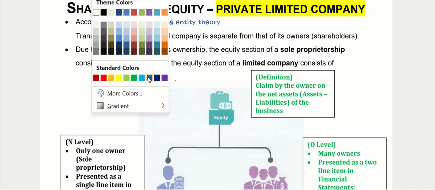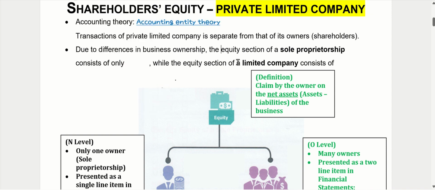Same as the sole proprietorship, the accounting entity theory is applicable. To understand why, please go back to your sole proprietorship notes. It is the same reason. The point of view is not from the owner, but rather from the perspective of the business. All right, the transactions of a private limited company are separate from those of its owners or its shareholders.